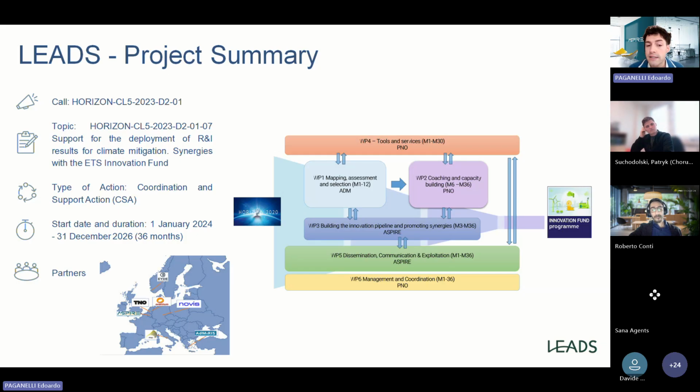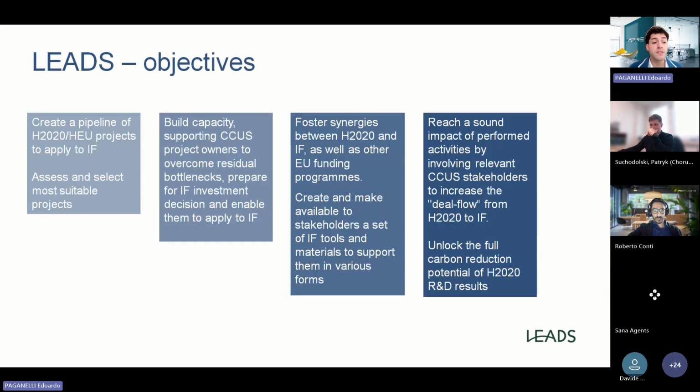The project started on the 1st of January 2024, with the end scheduled for 31st December 2026, even though it will be prolonged for a couple of months more in 2027. In terms of objectives, the quintessential objective of the project, as mentioned, is creating a pipeline of both Horizon 2020 and Horizon Europe projects to apply to the Innovation Fund, with the aim of assessing and selecting the most suitable projects.